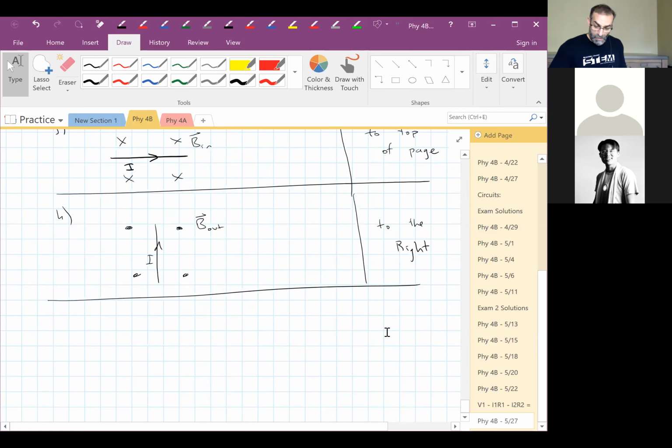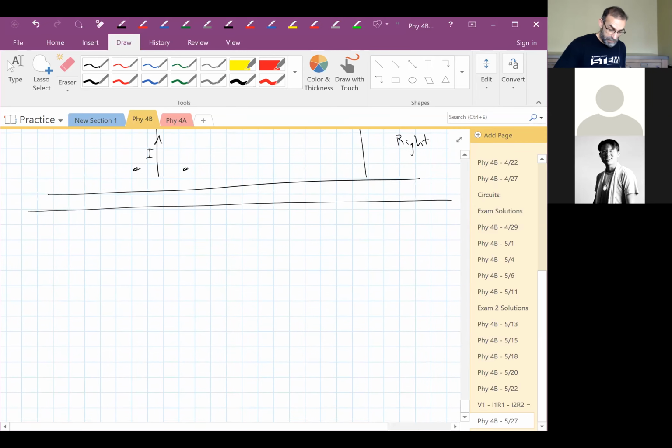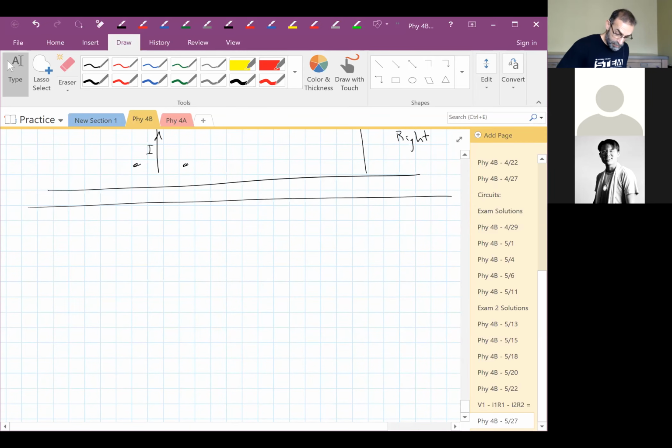Now, sometimes our wires don't take a nice direct path from one point to another. We're going from A to B. Doesn't matter where B is. Let's just put a point somewhere over here.